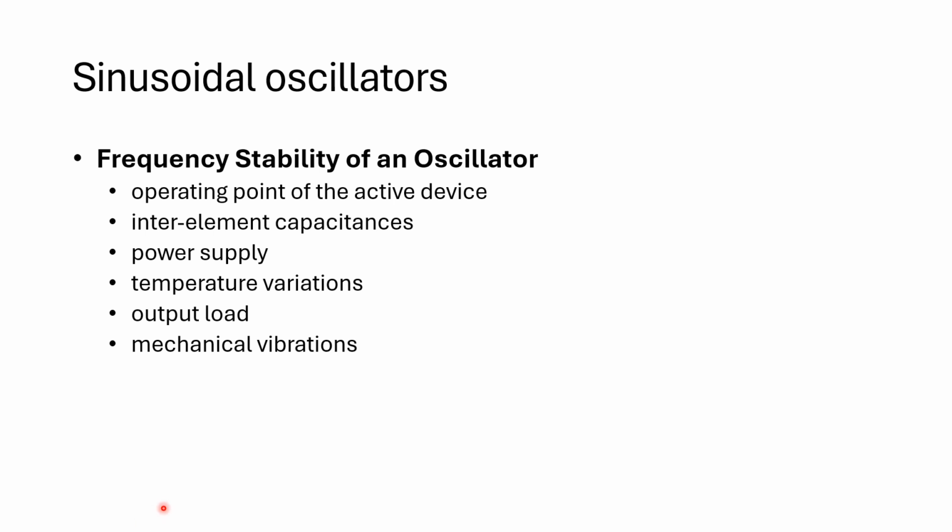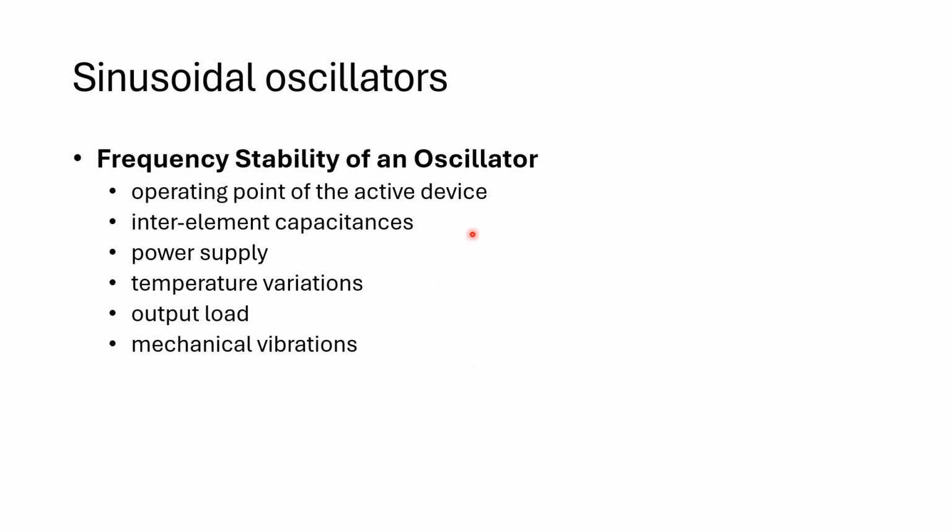For our oscillator to have frequency stability, meaning the frequency is not changing, we need to set up the following conditions. Number one, the operating point of the active device that you will be using. The active device can be transistors, both BJT or FET, or diodes, or operational amplifiers.